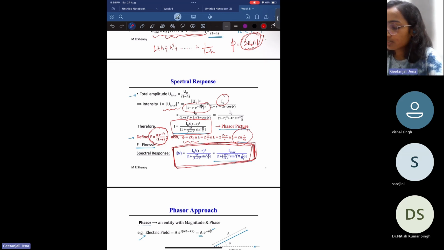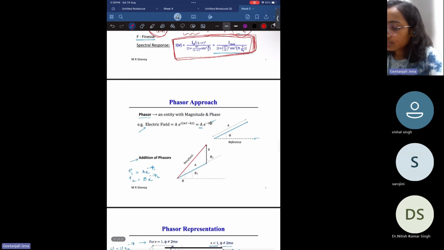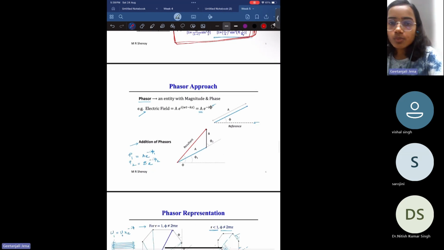We'll see what the characteristics of the spectral response are. But before that, you must have known vector and scalar, right? A vector is a quantity that has magnitude as well as direction, and scalars have only magnitude.